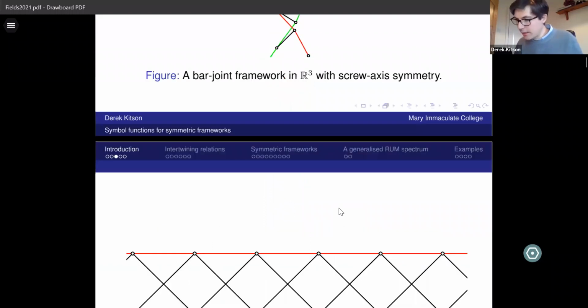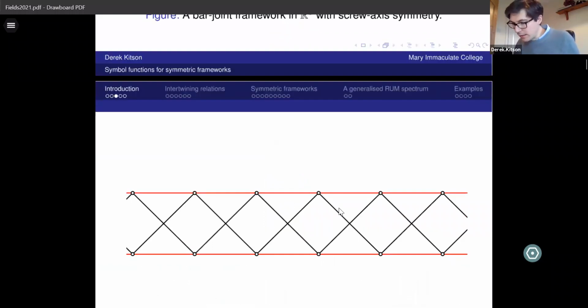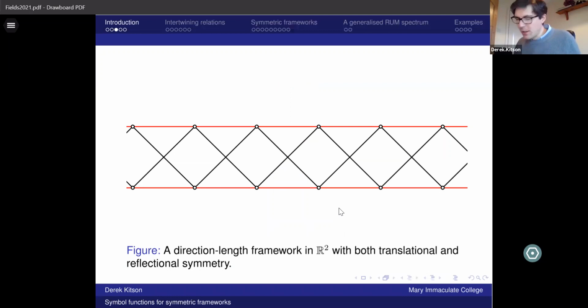Here's another picture. Again, quite simple examples. We call this the diamond lattice framework. It's a two-way periodic framework with this crisscross pattern in it. So what is the symmetry we're seeing here? We have translational symmetry this time, so you can see that it's periodic in one direction.